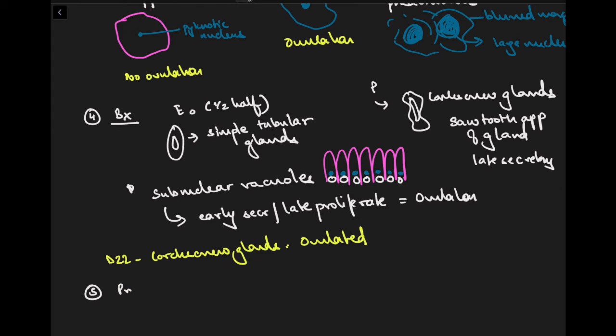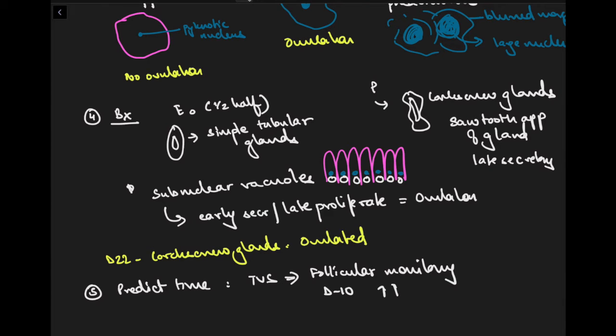Fifth test is prediction of time. It can be done by TVS by monitoring the size of the follicles. It is done on day 10 of the cycle, and there is increase in the size of follicles by 2 mm per day till it reaches 18 to 20 mm in size, which is the size of a mature follicle.